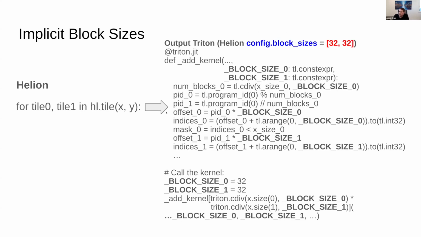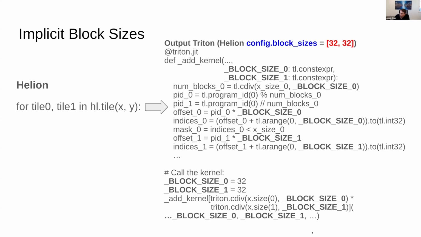The next big piece of the search space is block sizes. I mentioned block sizes a bit earlier, but basically if you have a loop here like hl.tile over x and y, this is implicitly creating these block size 0 and block size 1 variables. And these block sizes need to get threaded through the code.